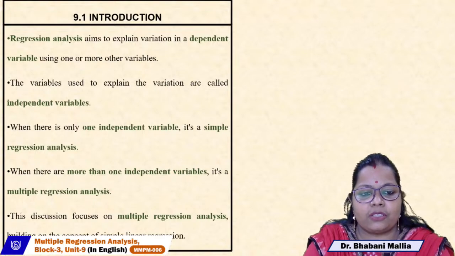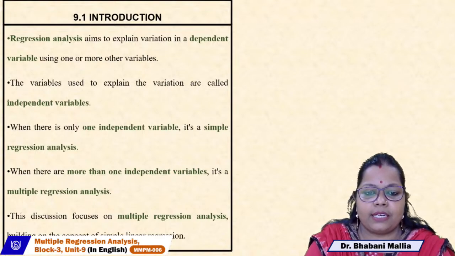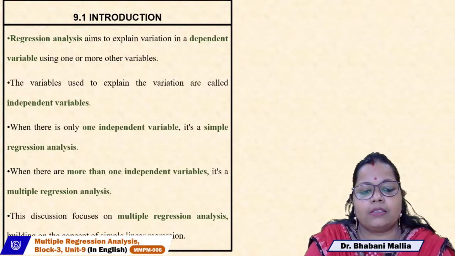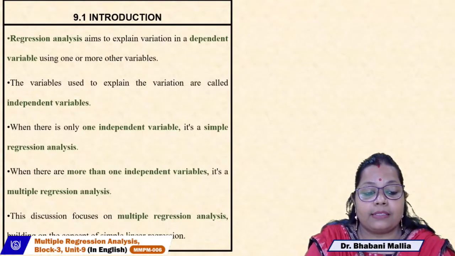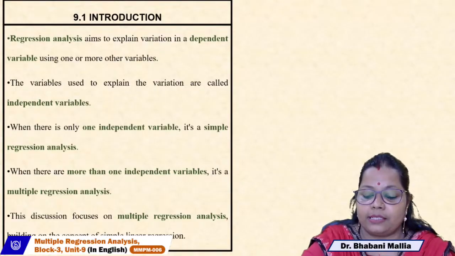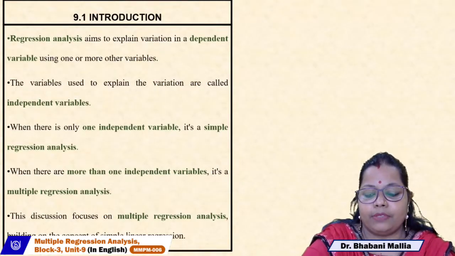So this relation is explained in regression analysis, and in this particular topic we will focus on multiple regression analysis, building on the concept of simple linear regression analysis, which are actually related with each other.